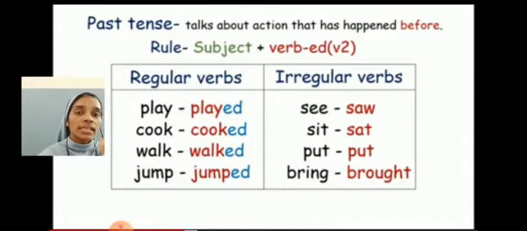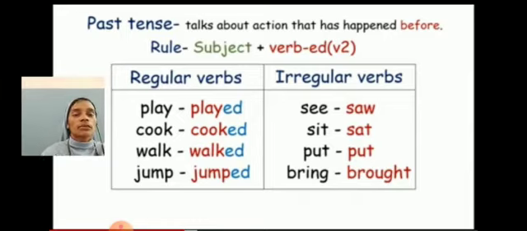When the verb adds ED to it in its past form, it is called a regular verb. But when it does not add ED, it is called an irregular verb.